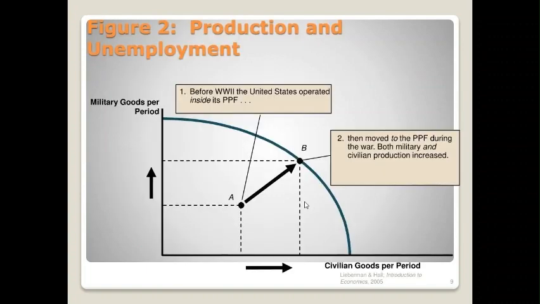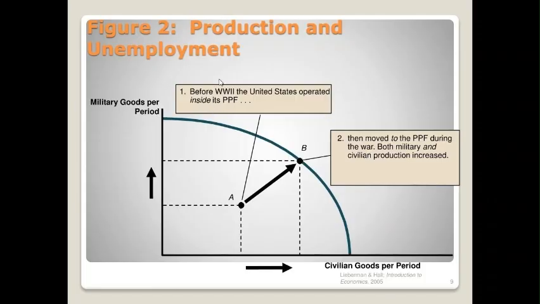So this is the second figure, which is the employment or unemployment rate, and we'll utilize the production possibility frontier to show that. This is something called the rightward shift or the extension of the production possibility frontier. So we have military goods per period and civilian goods per period.